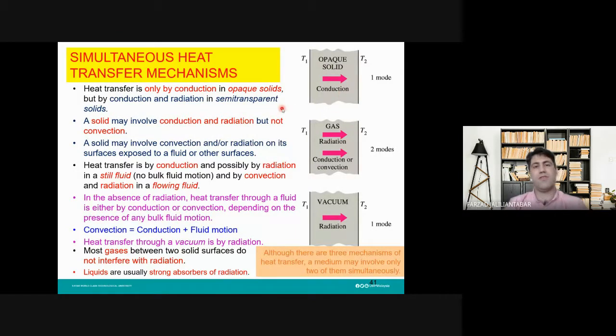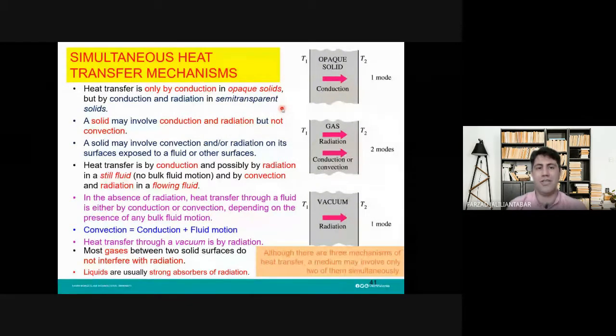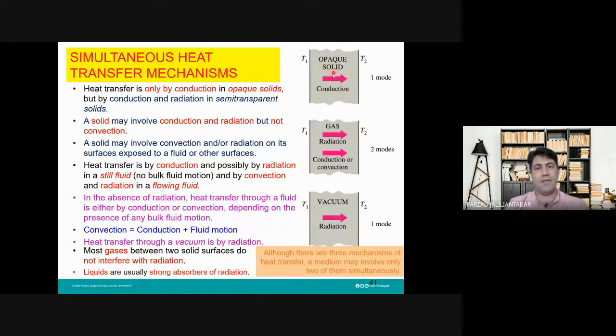Okay, now let's see how many combinations of heat transfer we can have, because you already know we have three modes of heat transfer: conduction, convection, and radiation. First, when we have an opaque solid, in this type of substance we don't have any liquid or gas, any fluid in motion.